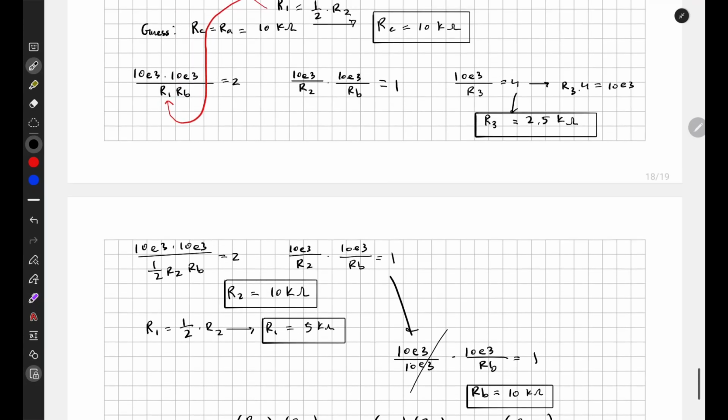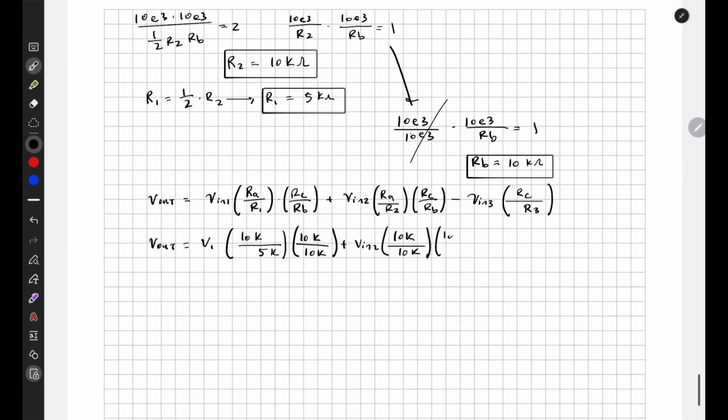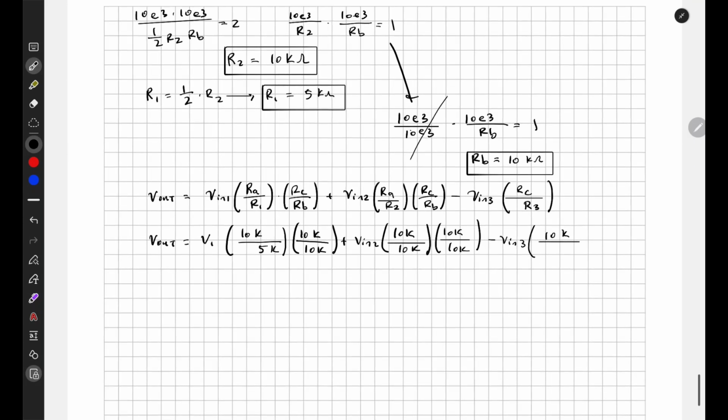RC is 10 kilo ohms, and RB is 10 kilo ohms, and then the RC is 10 kilo ohms, and then R3 is 2.5 kilo ohms.